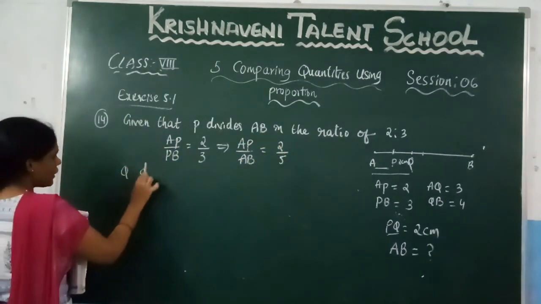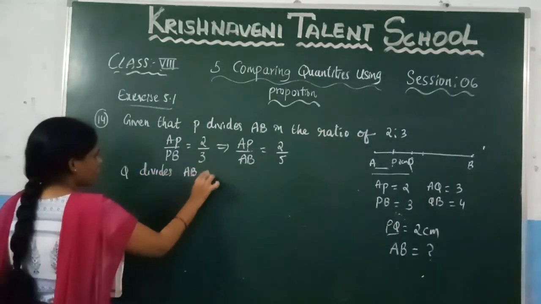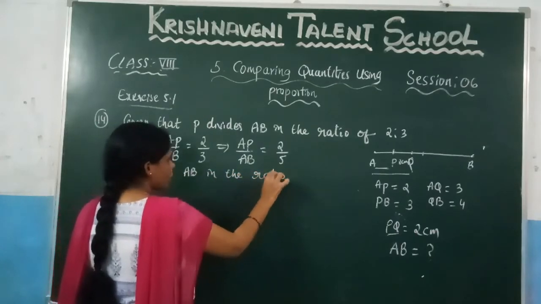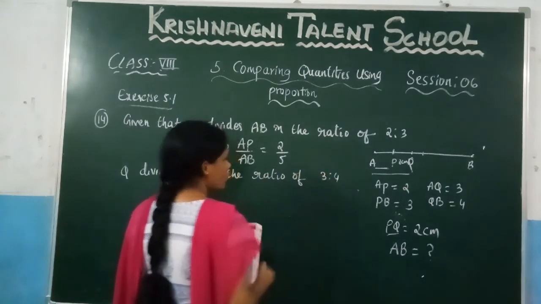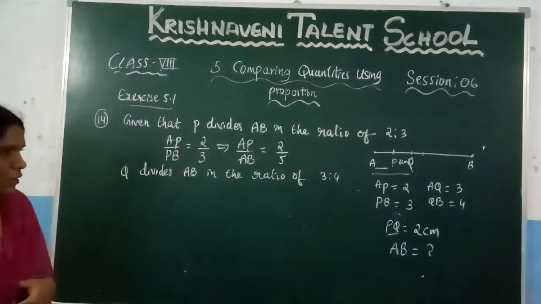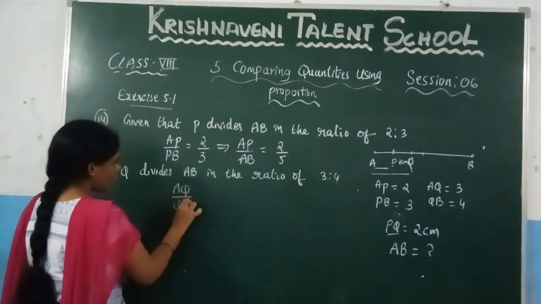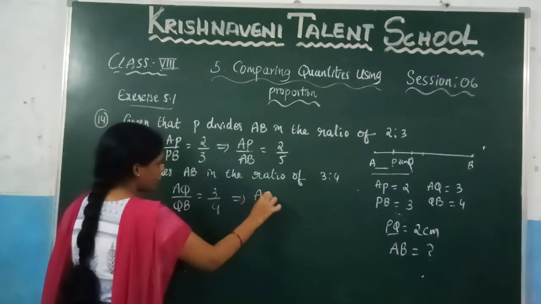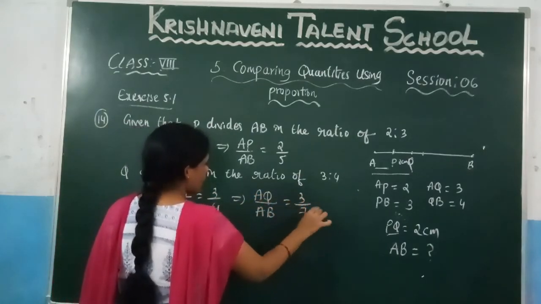And after that what they have given here, Q divides AB in the ratio of 3:4. So you can write AQ by QB is equal to 3 by 4. From that you can write AQ by AB is equal to 3 by 7.